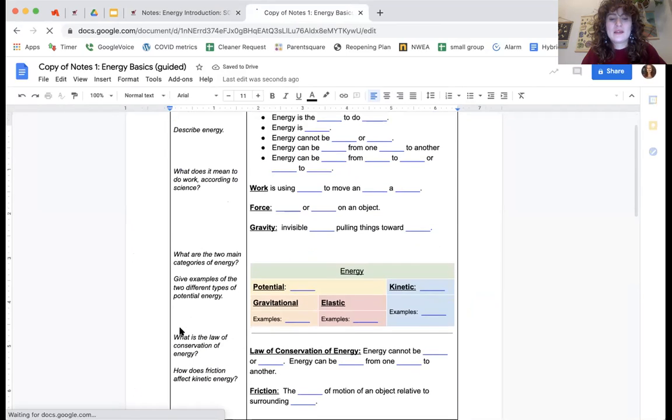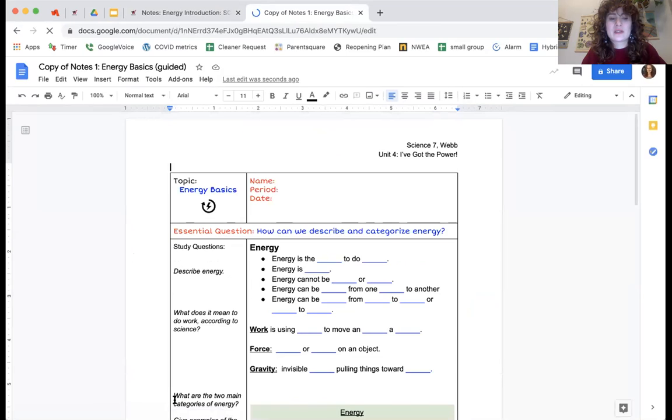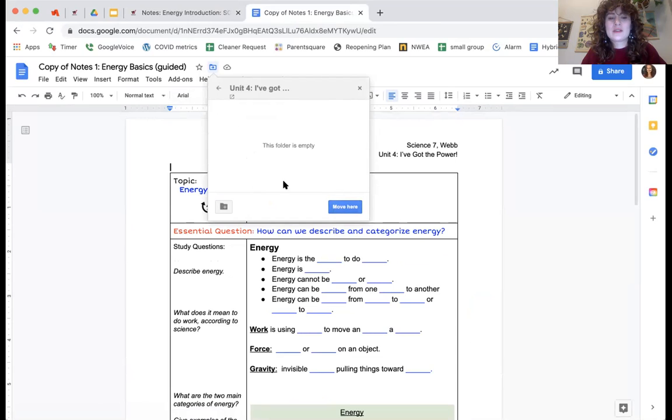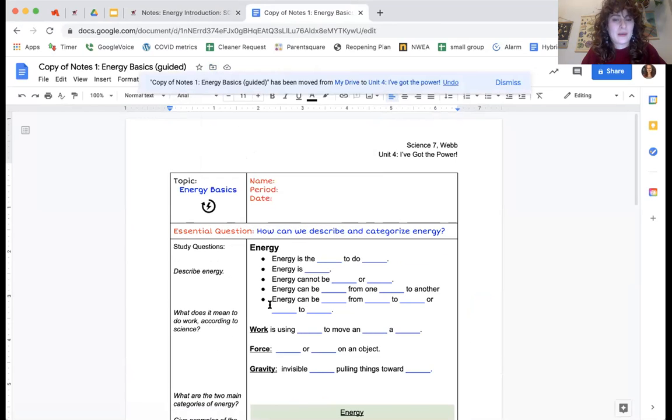We have some guided fill-in-the-blank notes, complete with study questions. When this fully loads, you can move it into your science folder. Don't forget that step. Stay organized. You'll thank me later. Move it into the Unit 4 I've Got the Power folder, which is currently empty. Move here. Now you've got your notes in there.